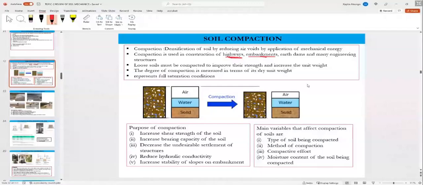Compactive effort, and also the moisture of the soil. It's easier to work on lightly moist to dry soil than on very wet soil.